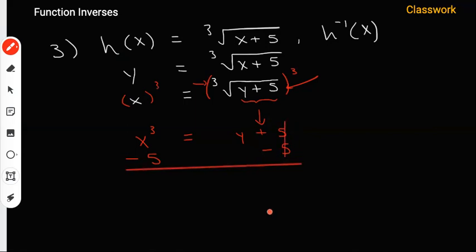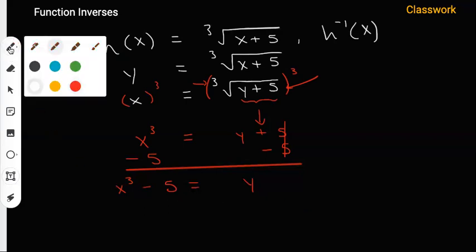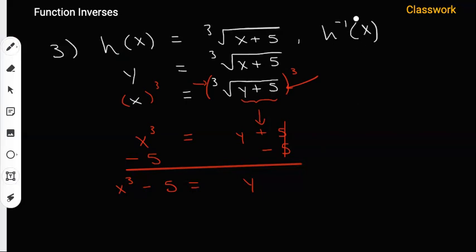Okay, so the 5s are going to cancel out on the right side. And I'm going to be left with y is equal to x cubed minus 5. Now, I only have one more thing left to do, and that is to replace y with my inverse notation, h inverse of x. So I'm going to have h inverse of x is equal to x cubed minus 5.